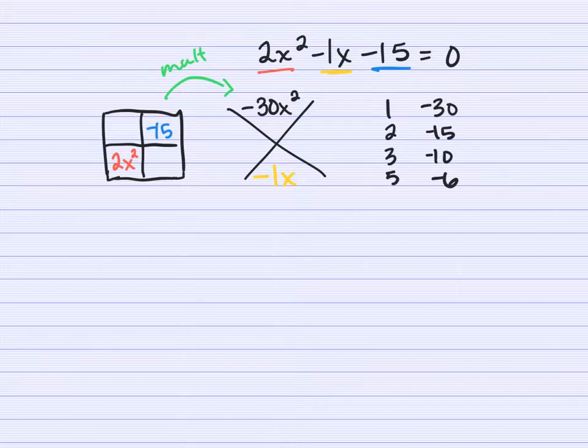That pair is, hang on just a second. That pair is the negative 6 and 5, and I put those here. So negative 6x, 5x, and those also go into the remaining boxes.